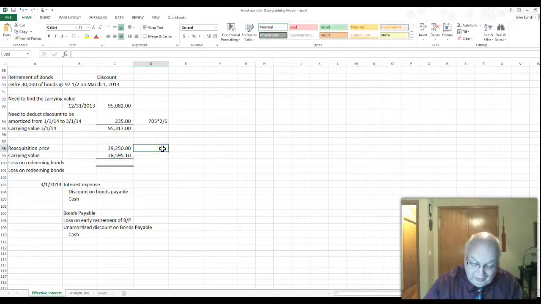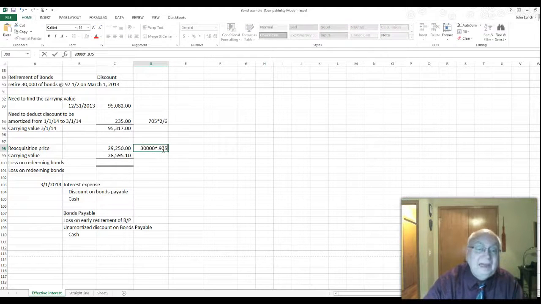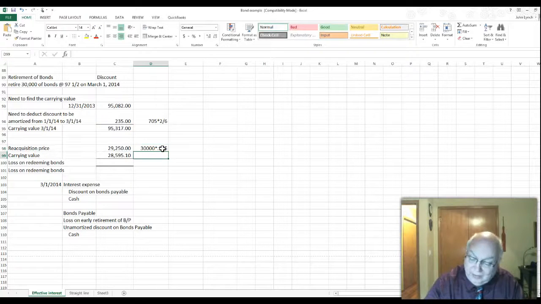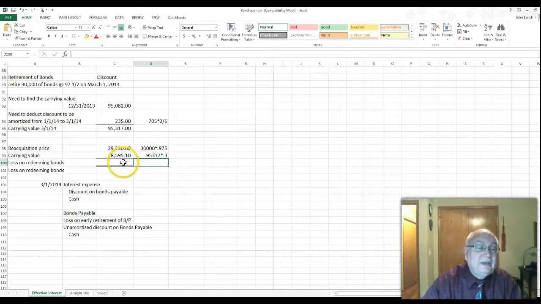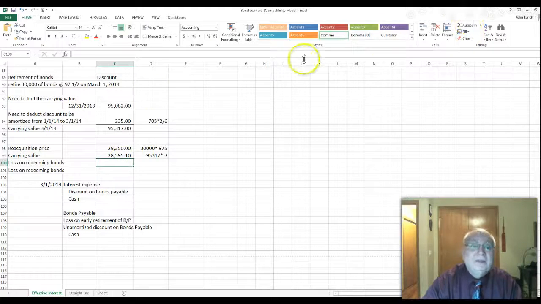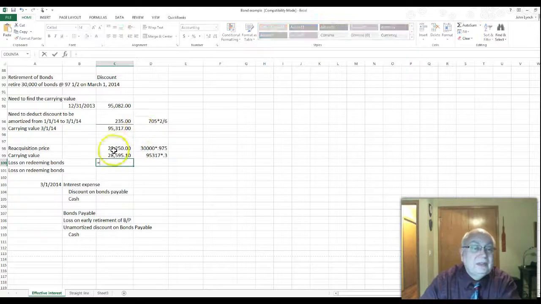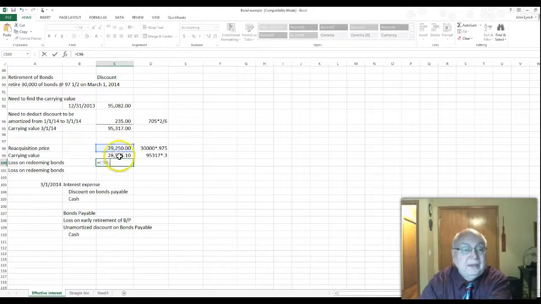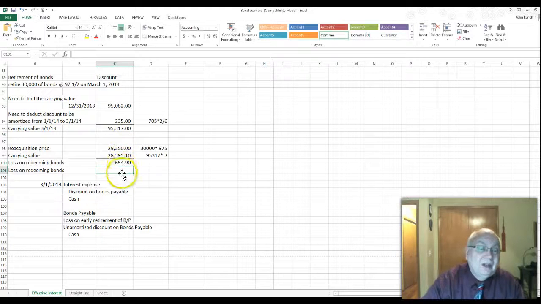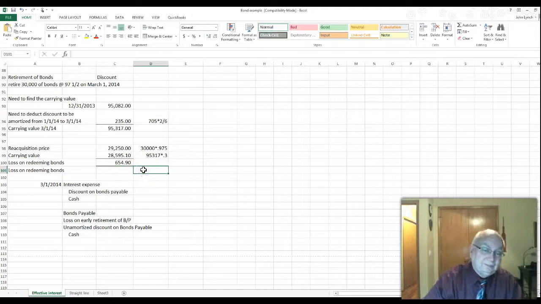So I'll put those over here. We have 30,000 times 0.975, and on this one we'd have 95,317 times 0.3. That gives us these values, and then the difference is we take the 29,250 minus the 28,595, and so we have a loss of $654.90.